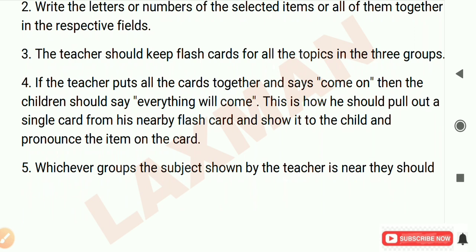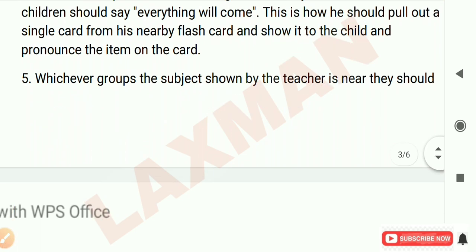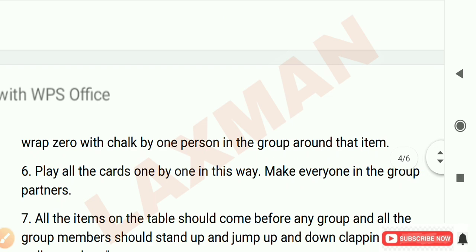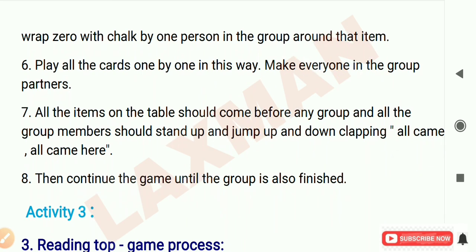Then the teacher should take out a single card from the nearby flashcards, show it to the children and pronounce the item on the card. Whichever group the subject shown by the teacher is near, one person in that group should circle that item with chalk. Play all the cards one by one in this way.